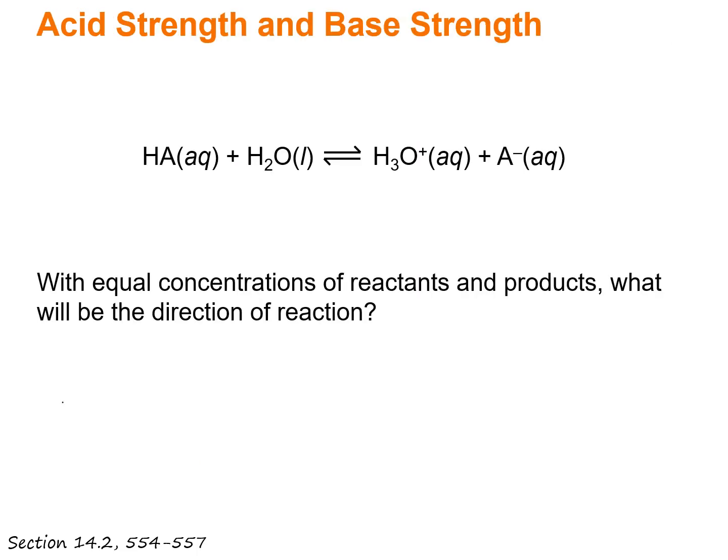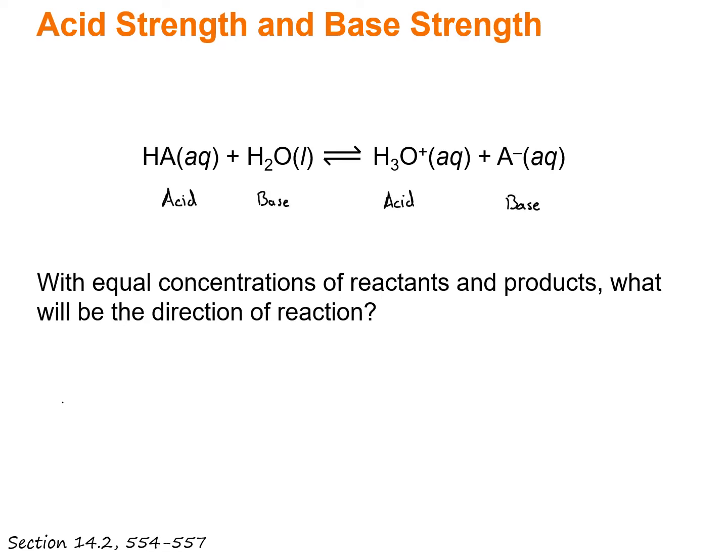One of the things that we will see as a theme is that when acids and bases react, they typically like to react to form a weaker acid-base pair. So if you have strong acids or strong bases on one side, and then weak acids and weak bases on the other, the reaction tends to want to go towards the weaker side, whatever that might be.